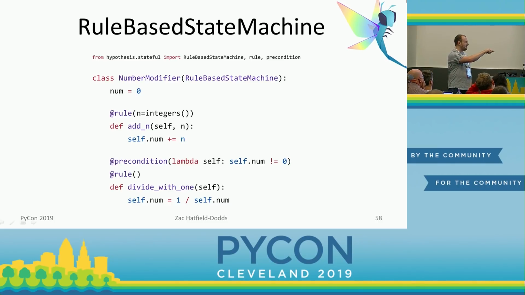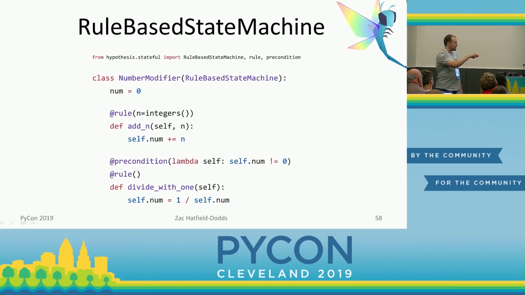You set up any initial state. So we say the number starts at 0. And then there are two things we can do. We can take any other integer and add it to the number. This is always valid, right? There's no precondition for adding something to a number. Or we can divide 1 by our number. But that one is only valid if our number is not 0.